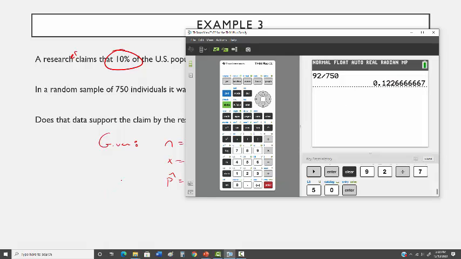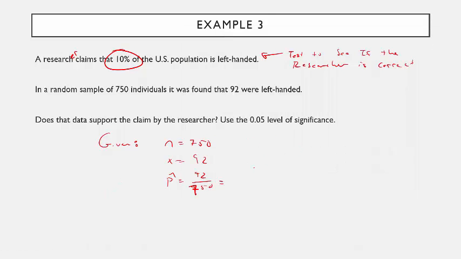I'll round it to 3 decimal places. Does the data support the claim by the researcher? And again, use alpha equal to 0.05.